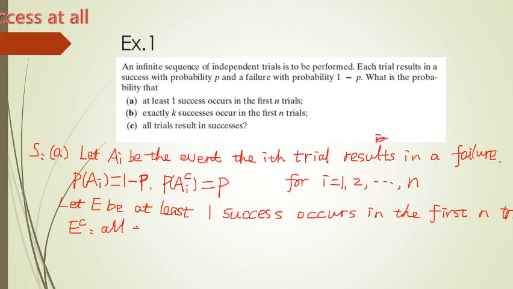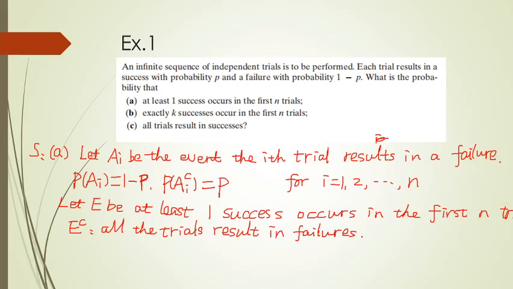So all the trials result in failures. So that means we have n failures, right? Which means all the trials are failures. So that's the complement.